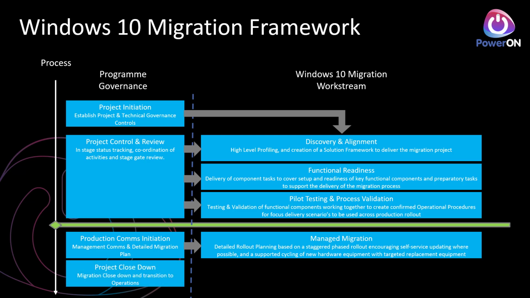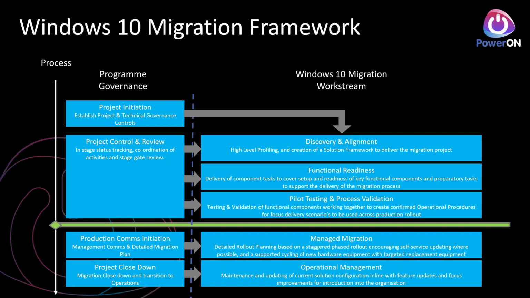And it must be considered that although you might close down the Windows migration from a point of view of the actual migration, this then converts into that operational management.